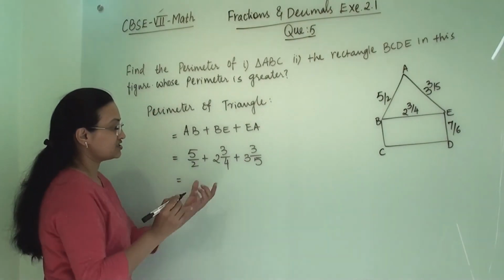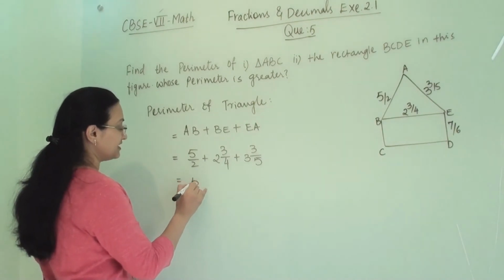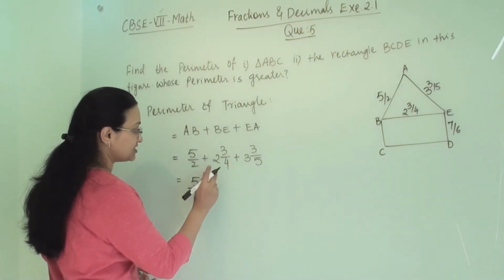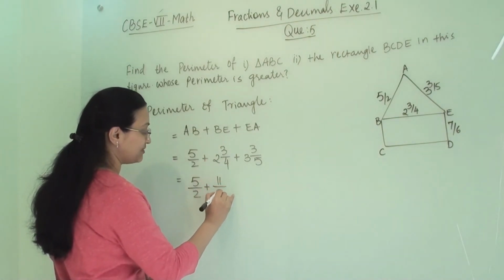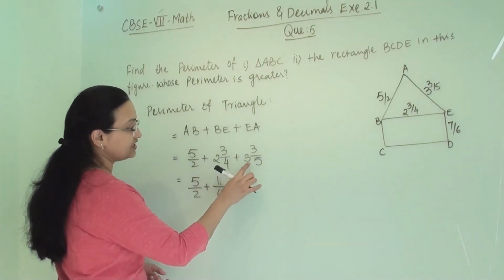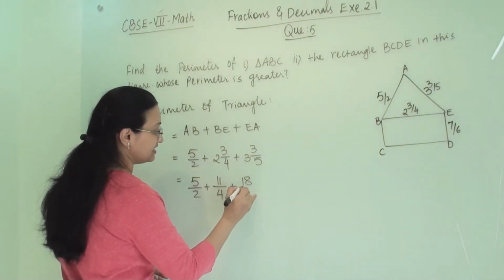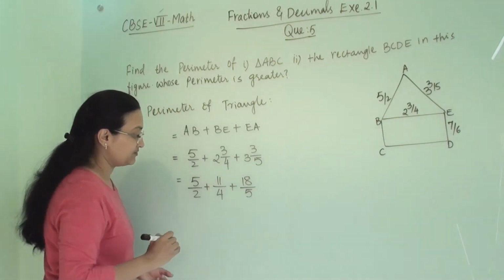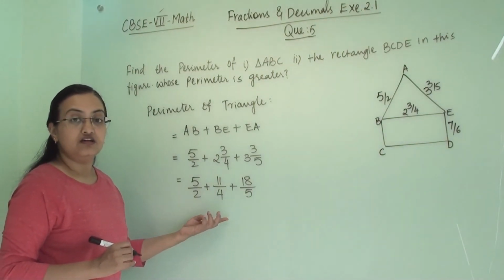Now let us first change these into mixed fractions. So here we will get 5 by 2 plus 2 into 4 8 plus 3, 11, 11 by 4 plus 3 into 5 15 plus 3 is 18. So 18 by 5.